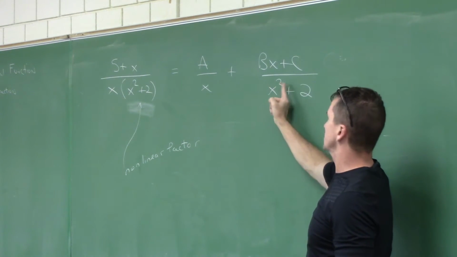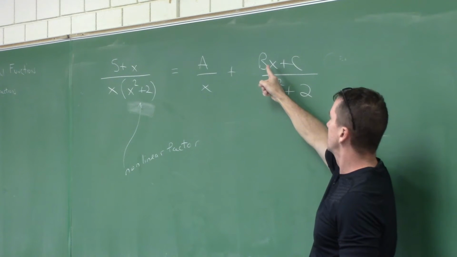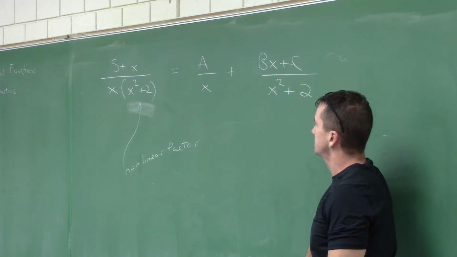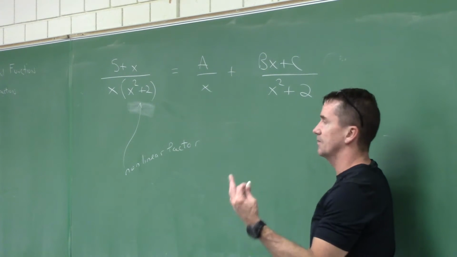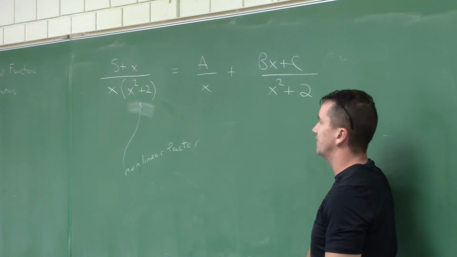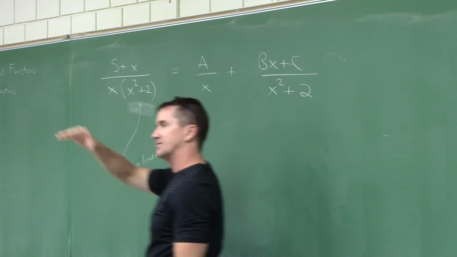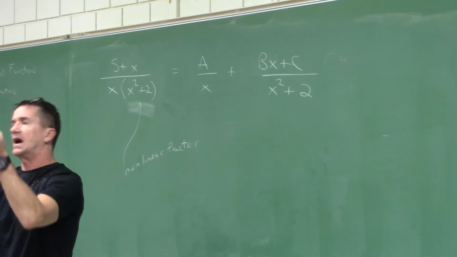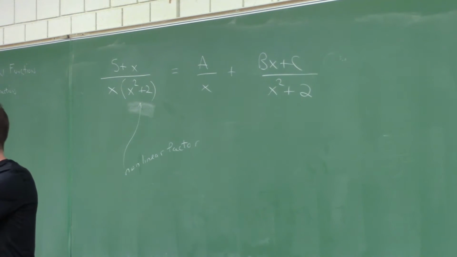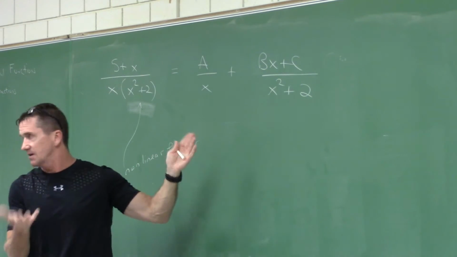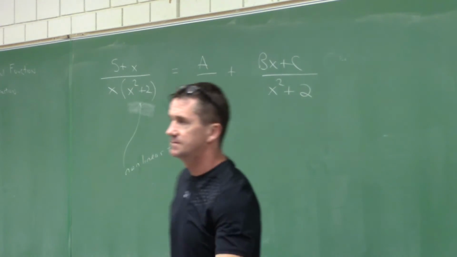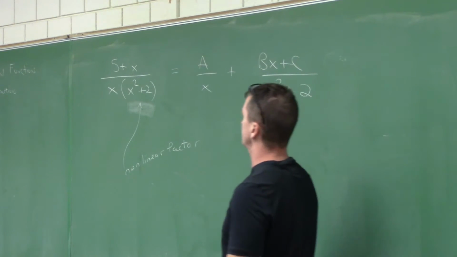I'll put down that x squared plus 2, but look what I wrote: Bx plus C. And that's how to set up the problem when they have a non-linear factor. In the numerator, we're going to write Bx plus a constant C. And eventually, today, we're going to be finding the constants A, B, and C. And once we do that, we'll have integrals we can solve, actually rather easily. So 90% of these problems are just going to be manipulation.